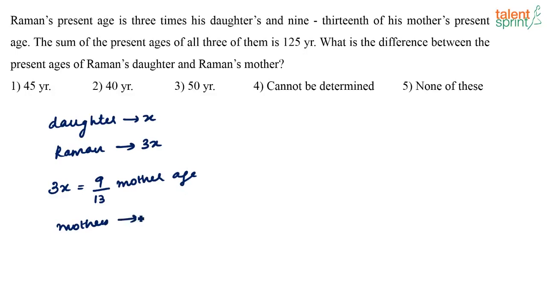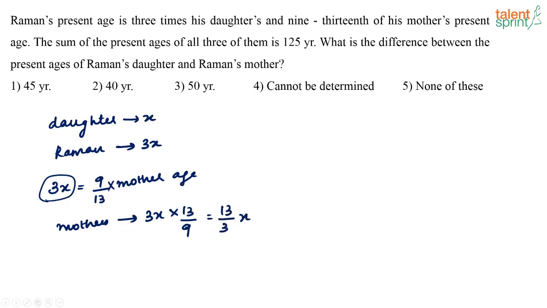Raman's mother's age is nothing but 3x into 13/9. I know Raman's age is 9/13 of his mother's age, and I know Raman's age in terms of his daughter is 3x. So what is the mother's age? Mother's age is nothing but 3x into 13/9, which is equal to 13/3 x.